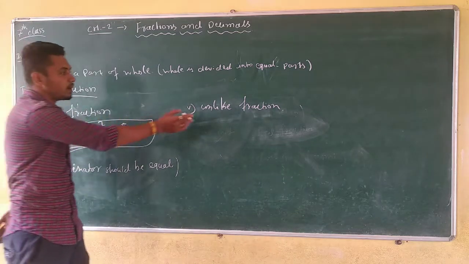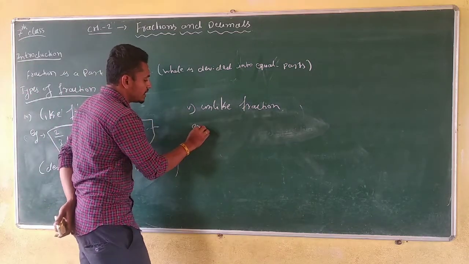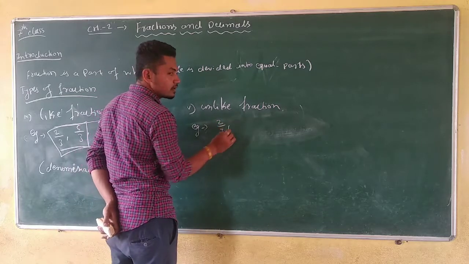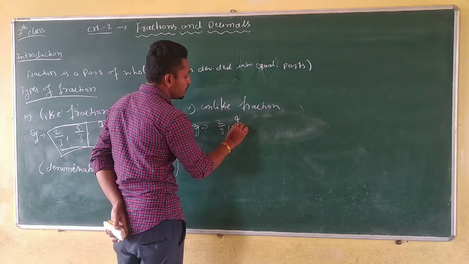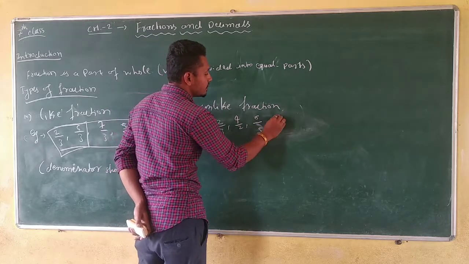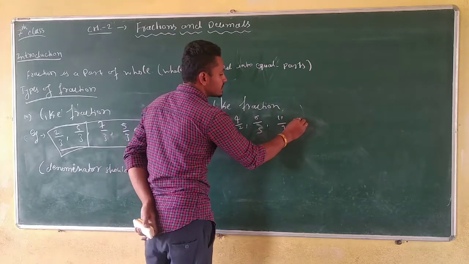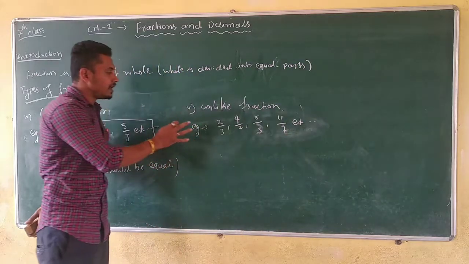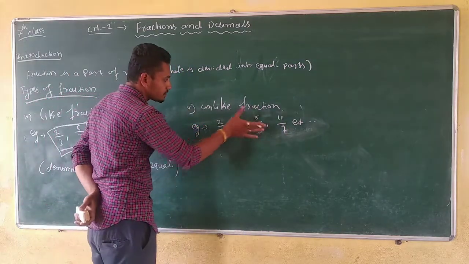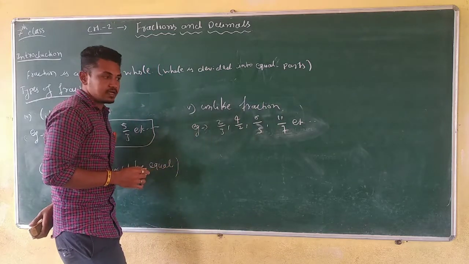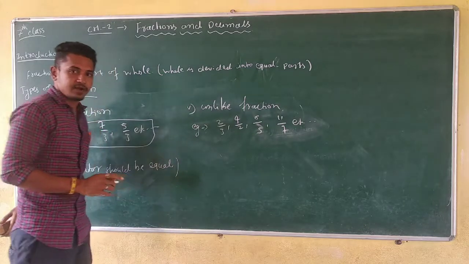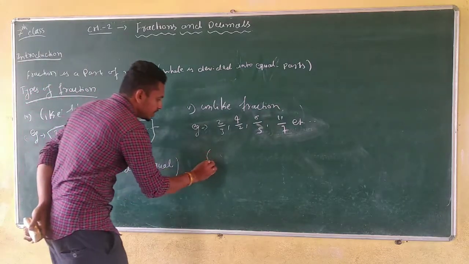But in the case of unlike fraction, take some examples for unlike fraction. 2 divided by 3, is it right? And 4 divided by 2, 6 divided by 5, and 11 divided by 7, etc. These are the examples for unlike fraction. Okay, so observe, these are fractions. See here, the denominators are different.